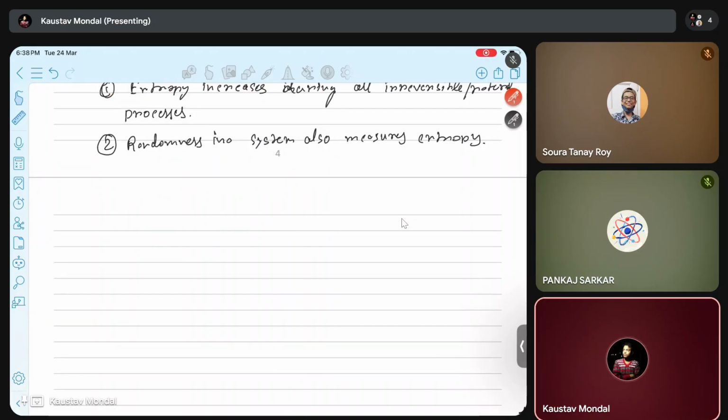If you study statistical mechanics in further courses, this formula has very good applications.